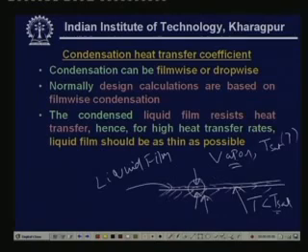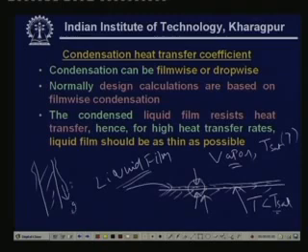So additional resistance is created because of the presence of the liquid film. Now, how effective this condensation process is depends upon the thickness of the liquid film. If you have a horizontal surface, then this liquid film may grow in thickness, so that you will find that the condensation rate reduces progressively. But suppose you have a vertical surface, or a vertical cylinder, and condensation is taking place on the outside, then because of gravity the liquid film will continuously drain out. So, you will find that the condensation rate will be high.